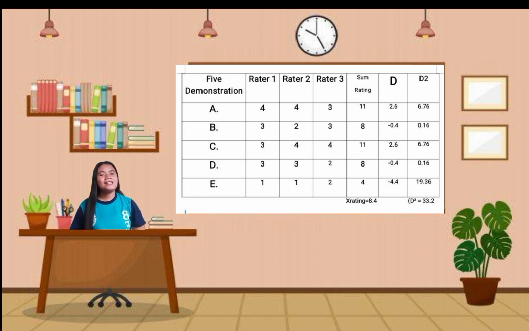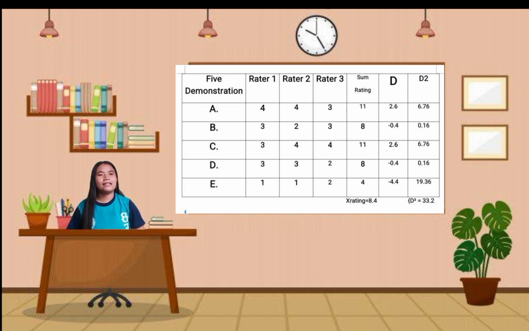Ngayon naman, kailangan nating ipag-add yung nakuha natin. So, 11 plus 8 plus 11 plus 8 plus 4 is equals to 42.